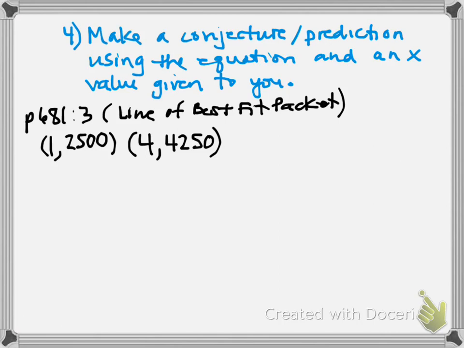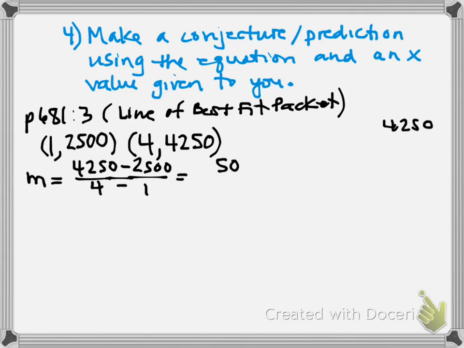Now let's go ahead and we're going to start with slope. So we're going to have 4,250 over 4 minus 2,500 over 1, connect and subtract. So let's see, that's going to give me a 0, a 5. Here, I'm going to do it over here. I don't want to make dumb mistakes.